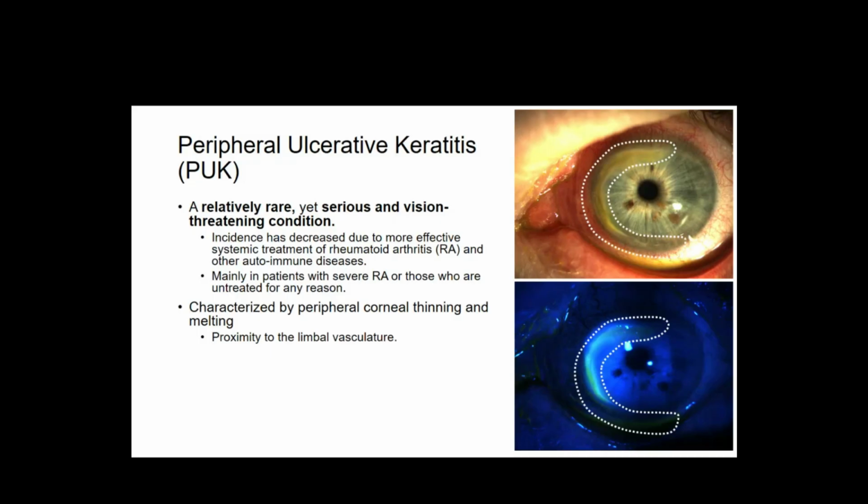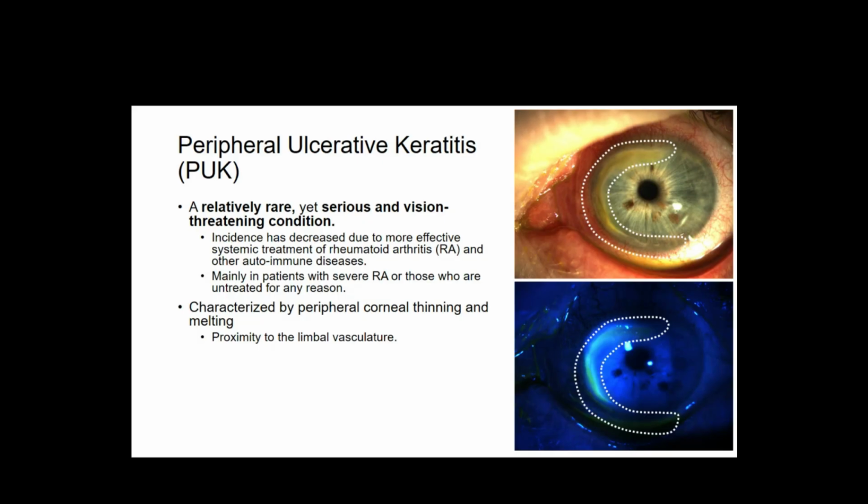It is characterized by peripheral thinning of the cornea and melting, and the reason why the peripheral cornea is involved is the proximity of limbal vessels leading to the access of immune cells to the peripheral cornea.